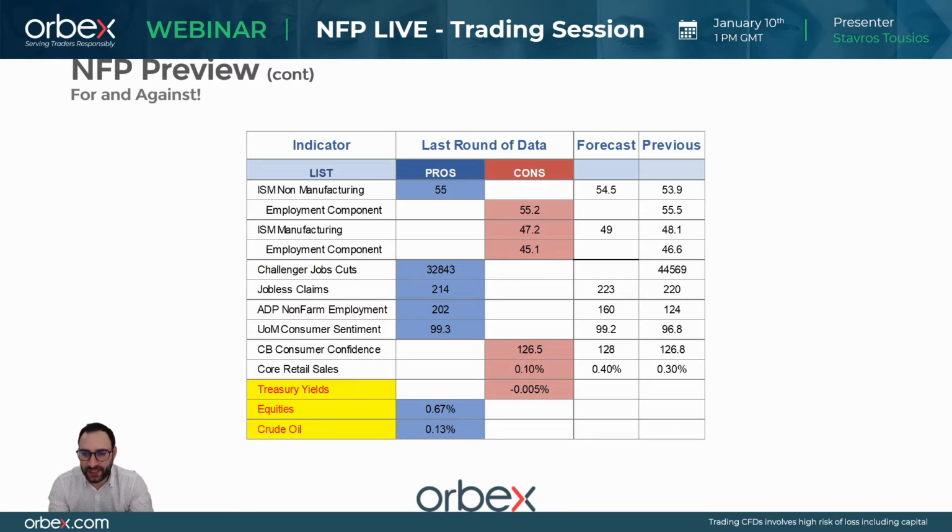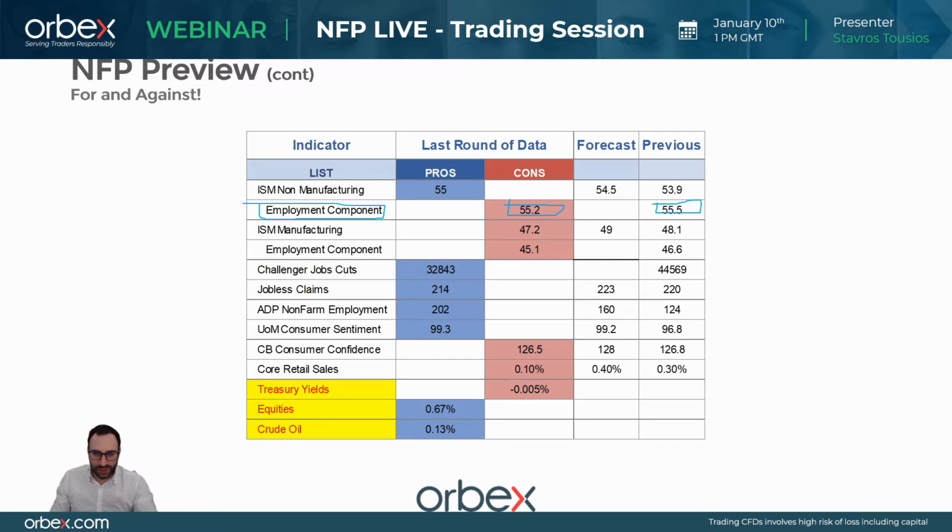Now, taking each of those on an individual basis, the ISM non-manufacturing, which is pretty much all the services data, and it equates to around 70 to 80% of business activity, let's just say, came out at the 55 level, which is a very good level. It came out better than the forecast and also better than the previous figure. Now, the problem here is that the employment component of the ISM non-manufacturing came out at 55.2, which is a little bit lower than the previous, right?